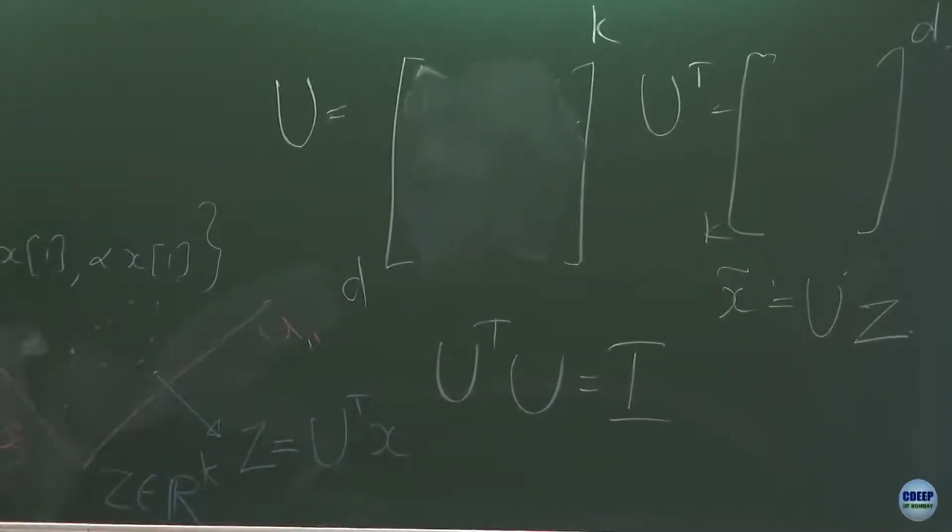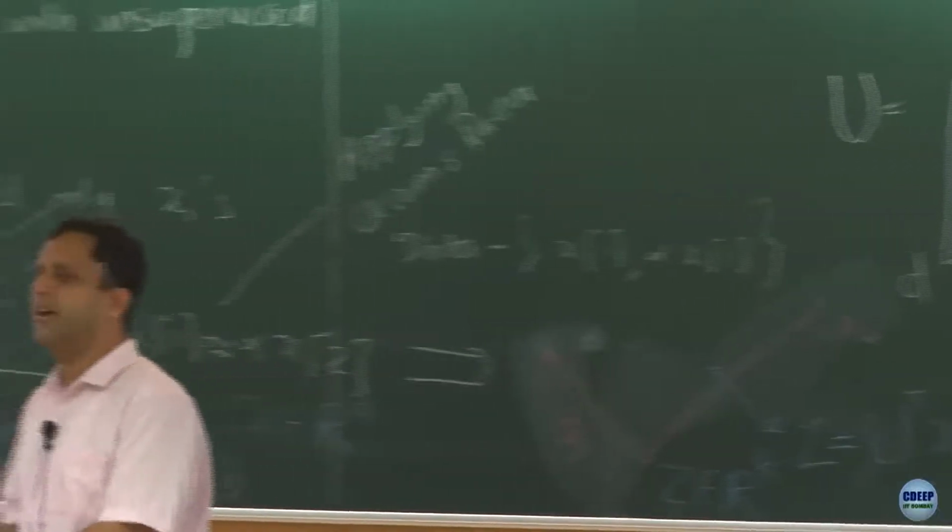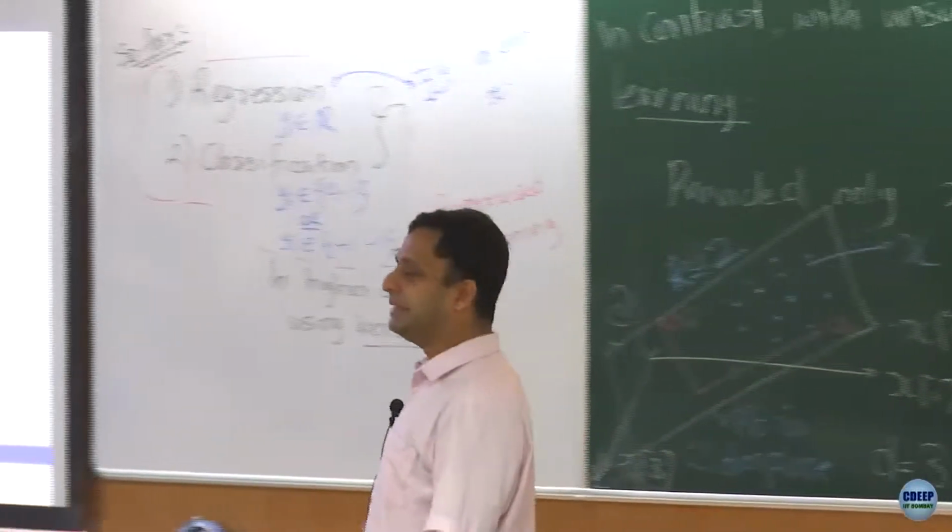So X tilde can be a point reconstructed in the original space as U Z. What is the relation you would like between X tilde and X?